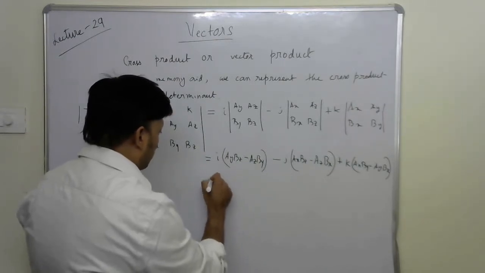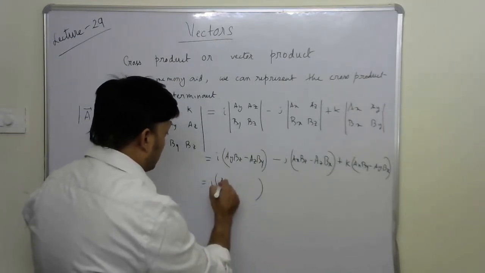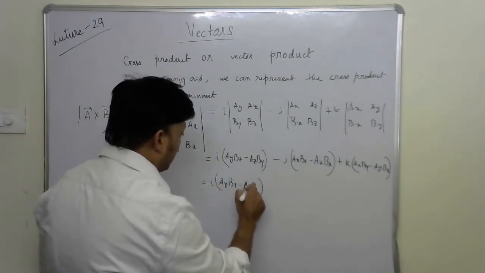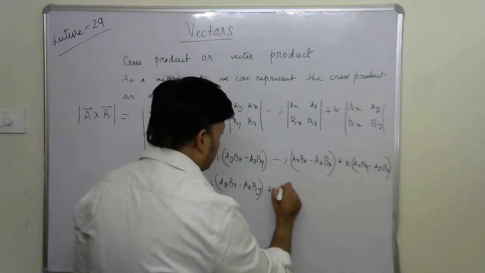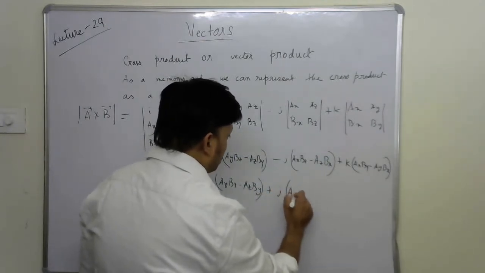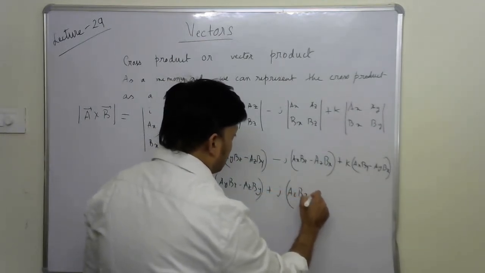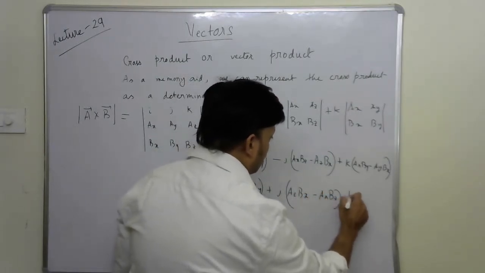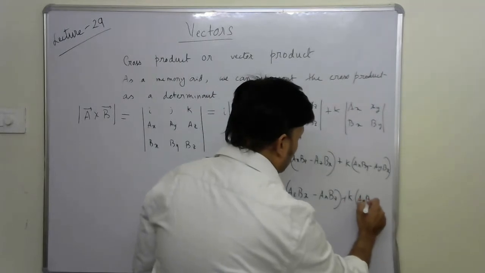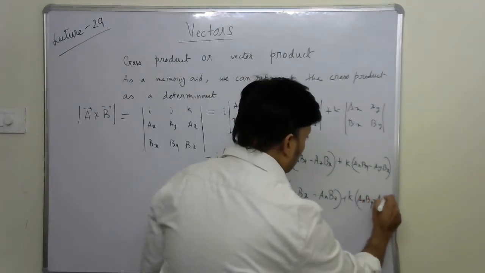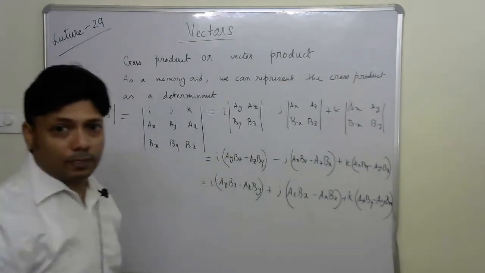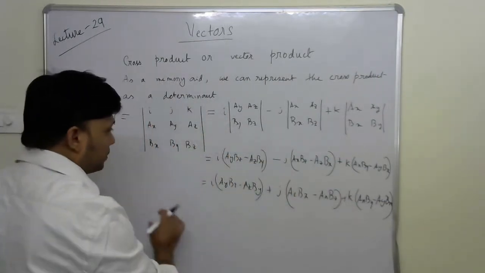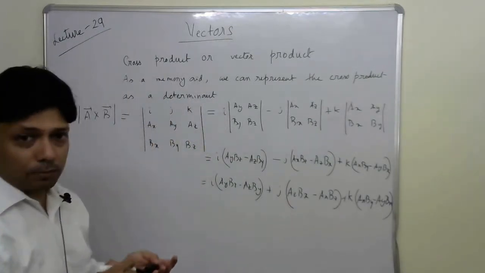So now the resultant vector becomes i multiplied by aybz minus azby, okay, plus j, I can write azbx minus axbz plus k axby minus aybx. Okay, so this now becomes the resultant cross product.